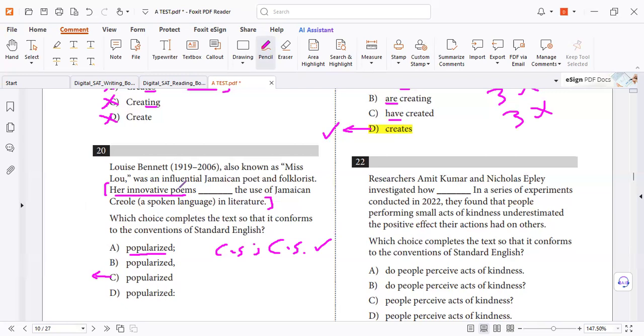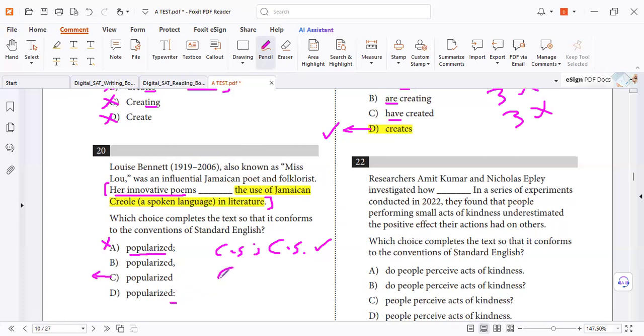Yes, it's a sentence. The poems are popularized. But after, look: is this part a sentence or a fragment? Fragment. How did you know? Delete the non-essential prepositional phrases. You will find the use of. So the use of is only a subject. So this part is a fragment, so it's wrong. Remember, I practiced the rules that we did. Always follow the rules.